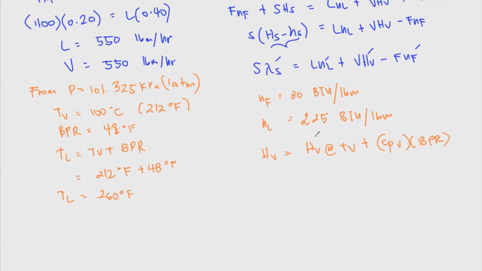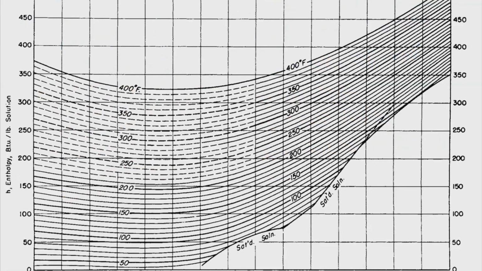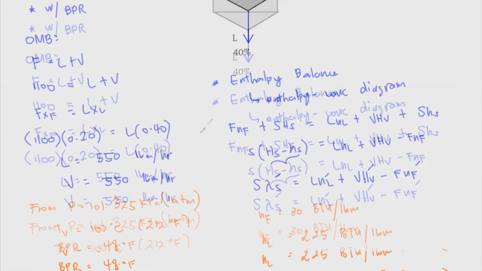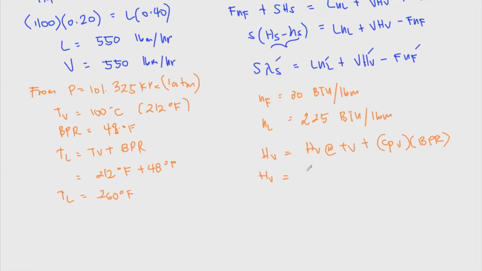So whenever you have this HV, you take the heat of vaporization at that certain temperature, and then you add the sensible heat of the vapor times this boiling point rise. And the good thing about this is that it can easily be found. So you just take the HV at this vapor temperature. So you go back to the Perry's handbook, and then you take the thermodynamic properties, and then at 101.325, that's 212 degrees Fahrenheit, you should be getting your HV.